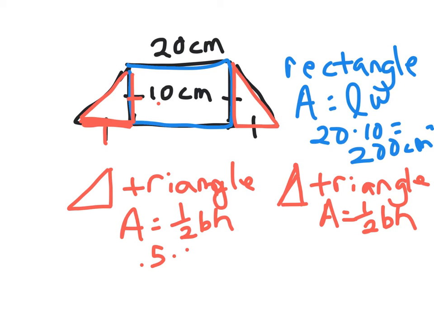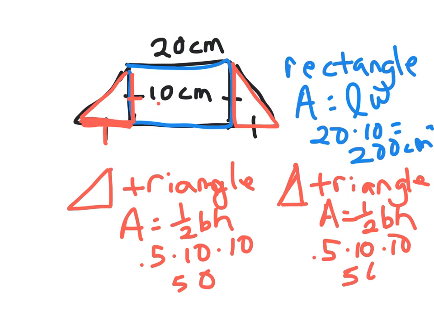So it's 0.5 times 10, and the height is also 10. And that would be the exact same thing for this triangle. 0.5 times 10 times 10. When I multiply that out, I get 50, and 50 for this one as well, and that's 50 centimeters squared, 50 centimeters squared.